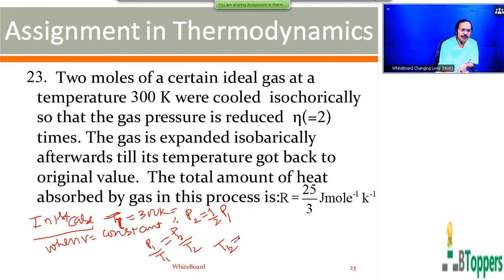So final temperature of the gas is equal to P2 by P1 into T1. P2 is half of P1. So when the pressure becomes half at constant volume, temperature also becomes half, that is half of T1.